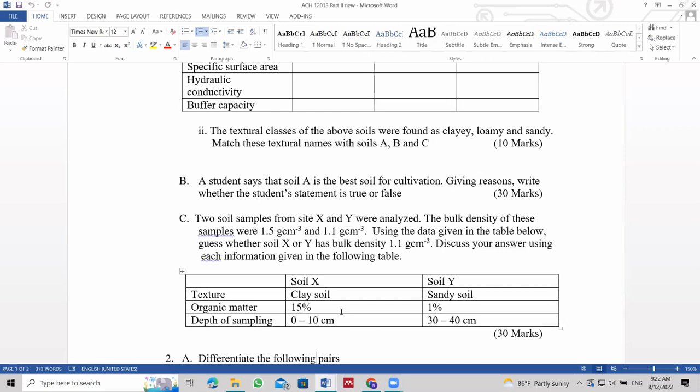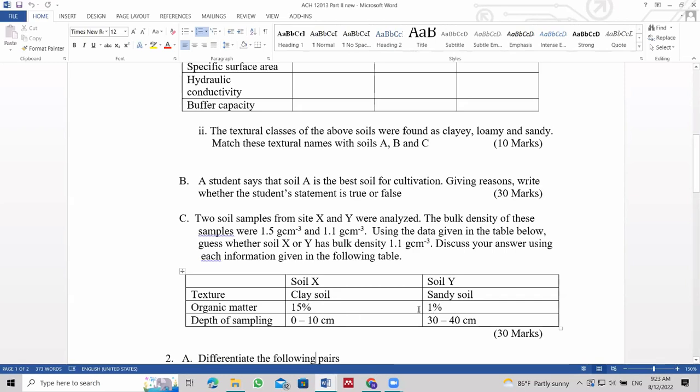Yes, that we have already said, but why? If we add organic matter, the porosity is high. That we have already discussed. Any other? Because organic matter is also going to give less weight to the soil. Okay, so when the proportion of organic matter is 15%, the mineral matter proportion is less. So the mass also will be less in high organic matter content soil compared to low organic matter content soil.